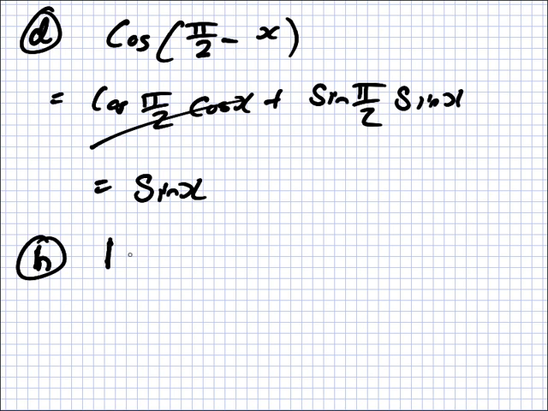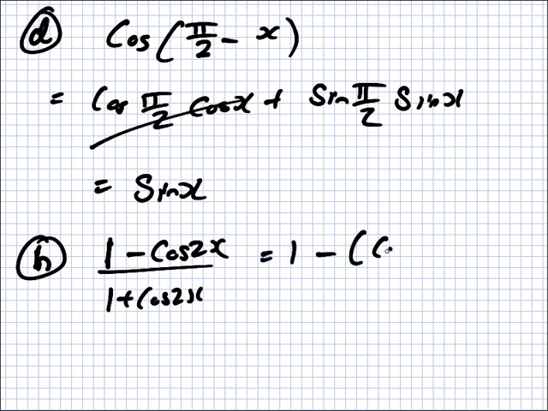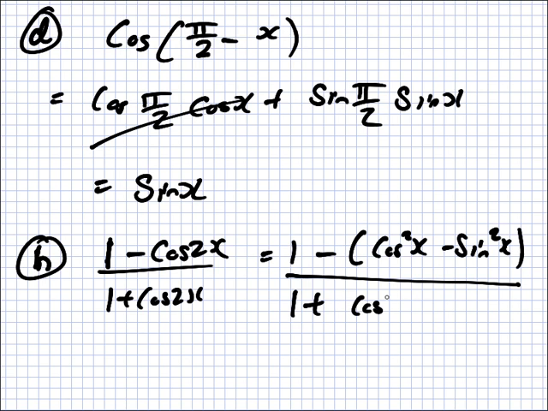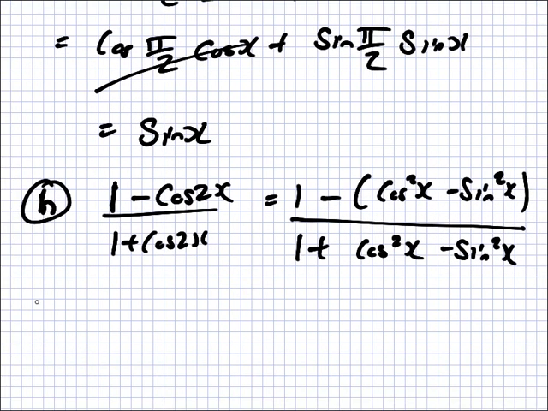Right, H. Are you looking at H? 1 minus cos 2x over 1 plus cos 2x. Well, we did the double angles. That's 1 minus cos squared x minus sine squared x, and on the bottom it's 1 plus cos squared x minus sine squared x.